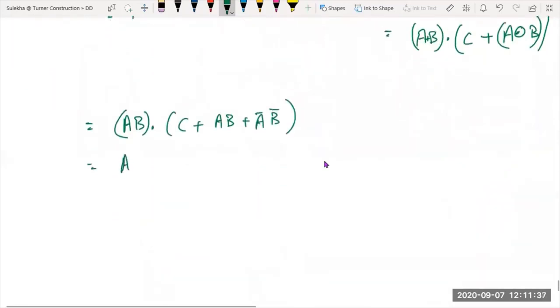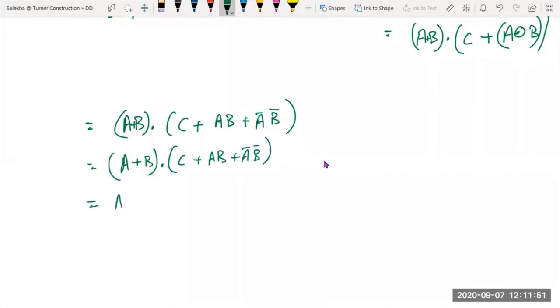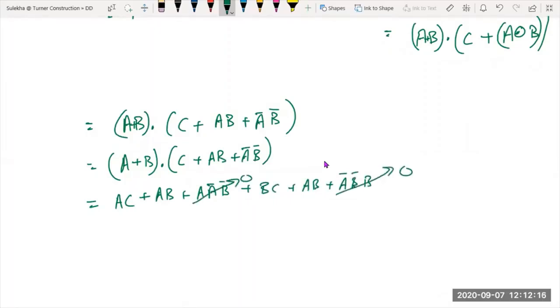If I solve it further, this will become dot C plus AB plus A bar B bar. And if you open this bracket, this is basically AC and AB plus A bar B bar plus BC plus AB plus A bar B bar B. Here A into A bar is 0, B into B bar is 0, and AB is here also, so I can remove one AB.